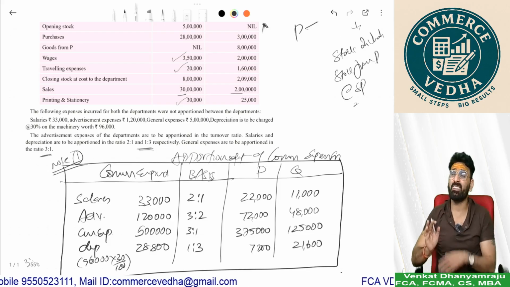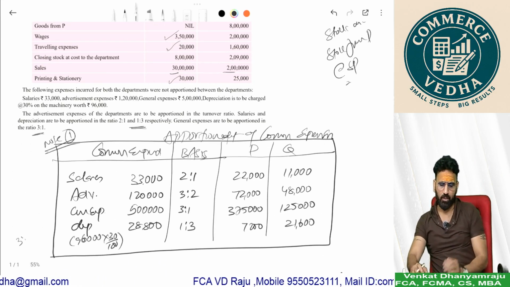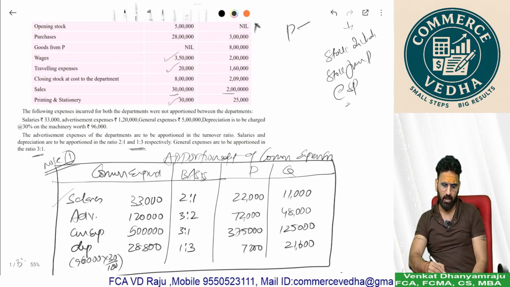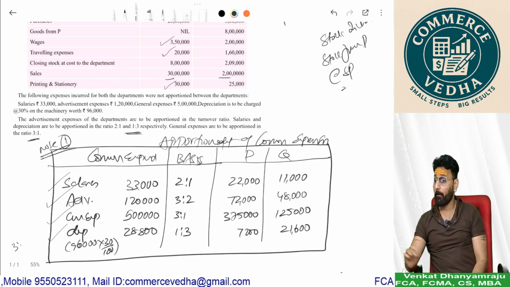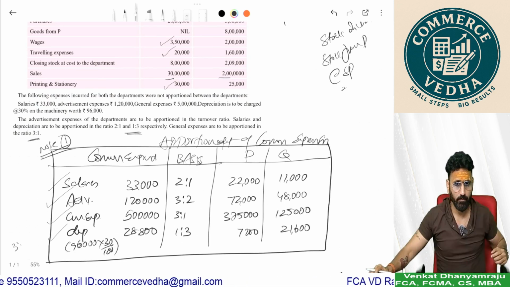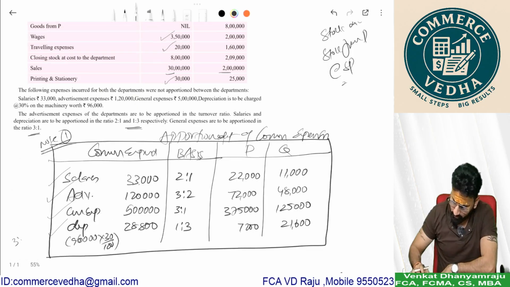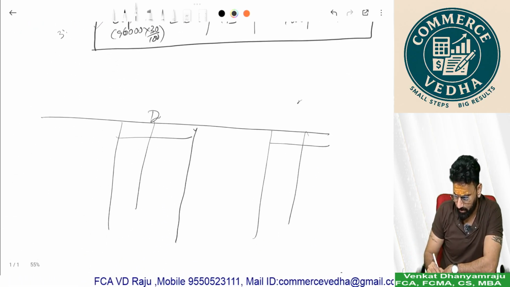Very, very important. Similarly, like your first question. So, you apportion the common expense, salary, advertisement, general expense and depreciation based on the ratios which are given in the question. So, after this, we should prepare the departmental trading and P&L account.